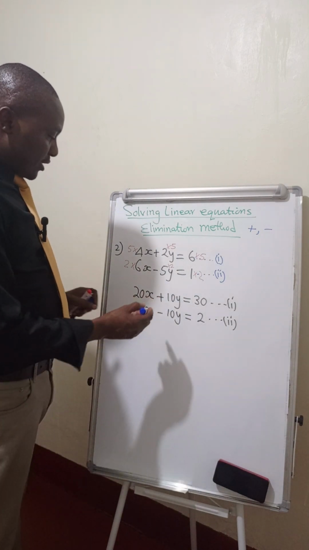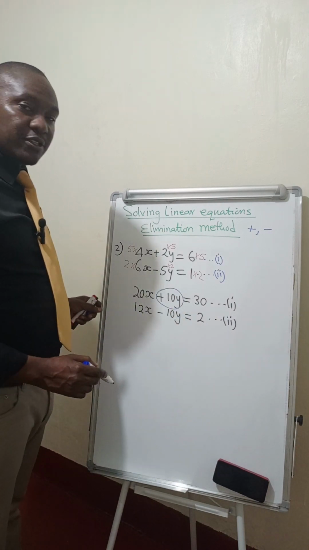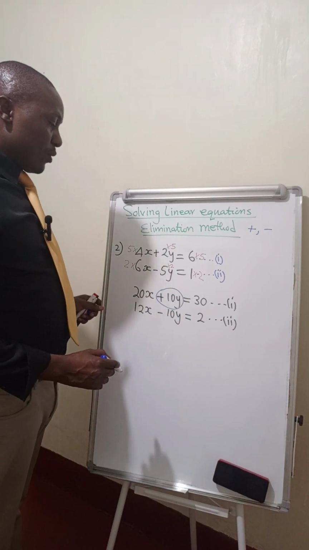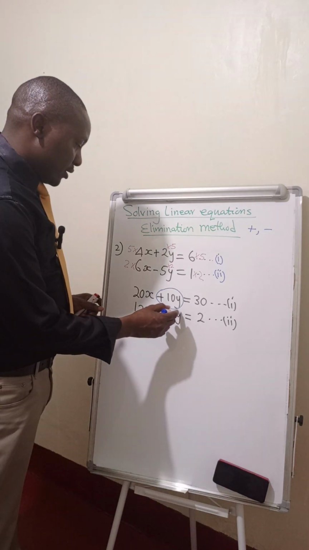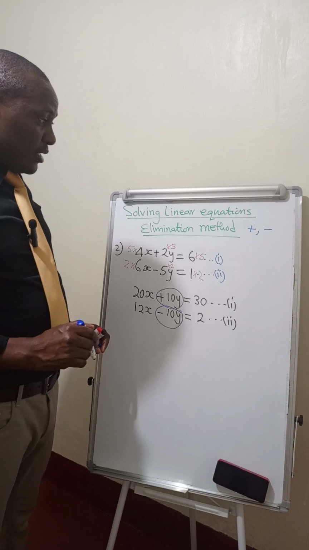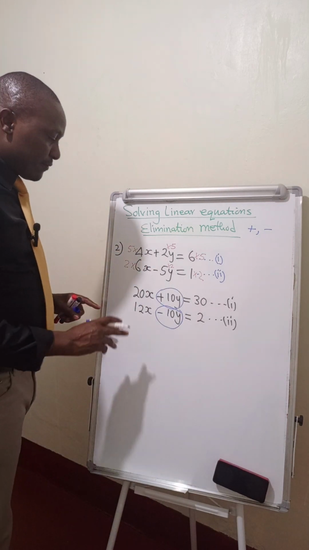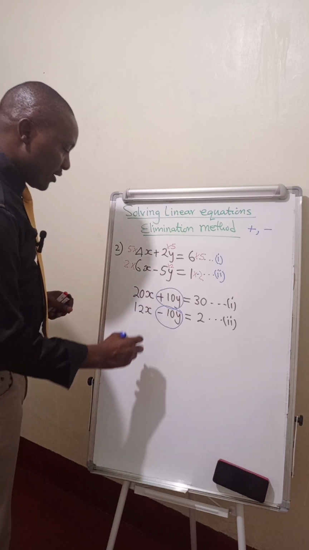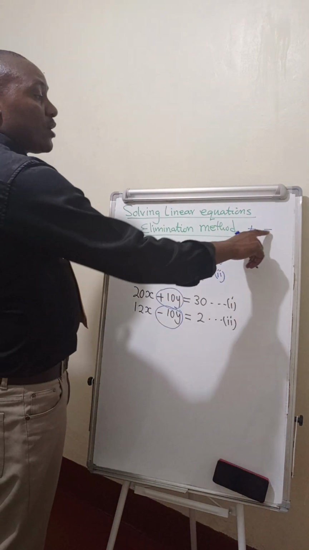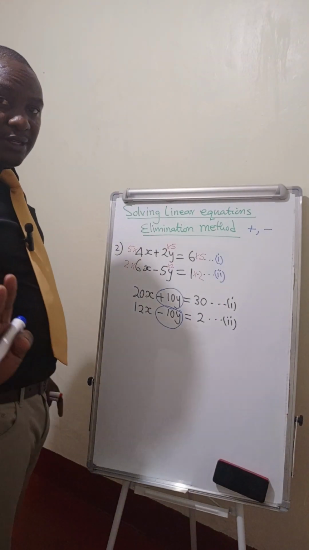This is a positive 10y, and this one is a negative 10y. If we use normal numbers without unknowns, let's take for example 10. I will try to use this one and see which one will help us. Please pay attention here, my learner.